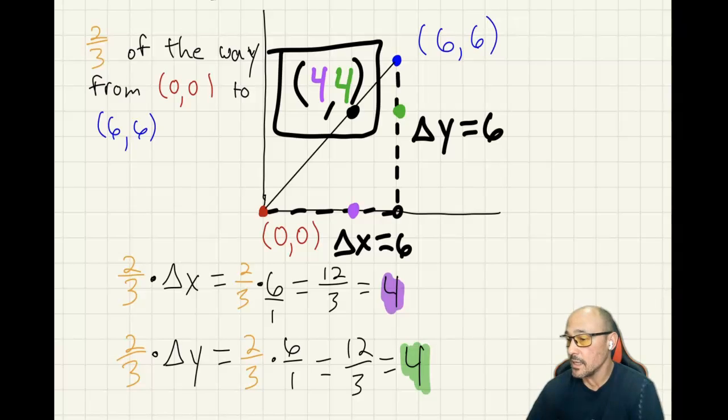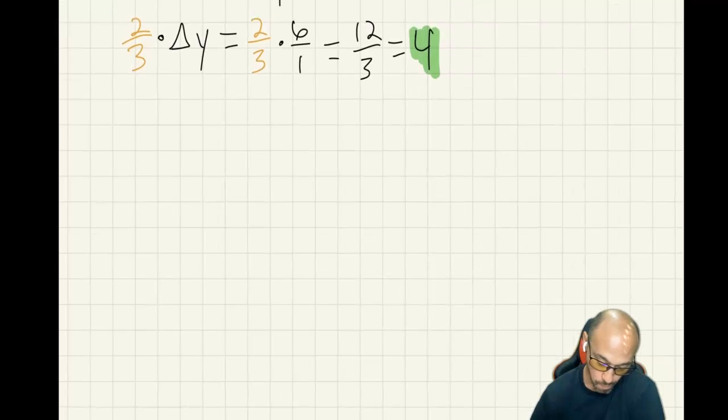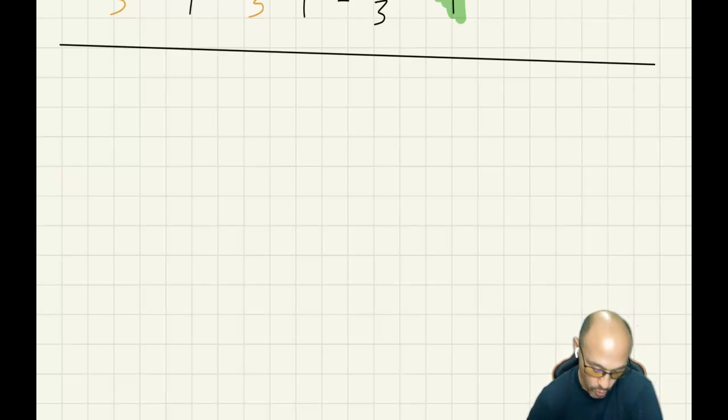Now, it gets a little bit more complicated when we don't have one of our points, or our starting point, as 0, 0. So let's look at a situation like that, because it's always nice to see the more complicated ones as well.